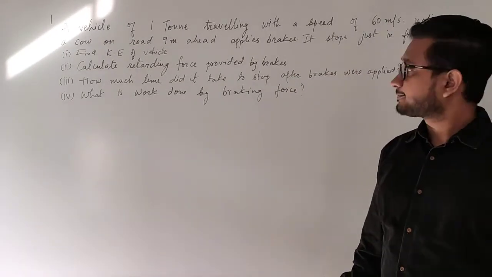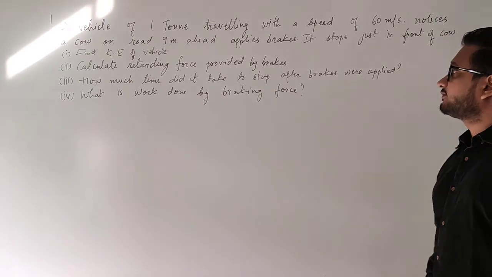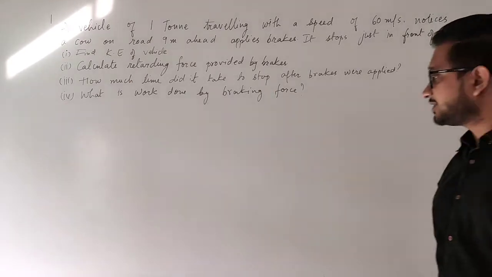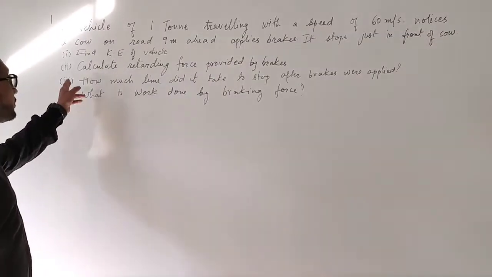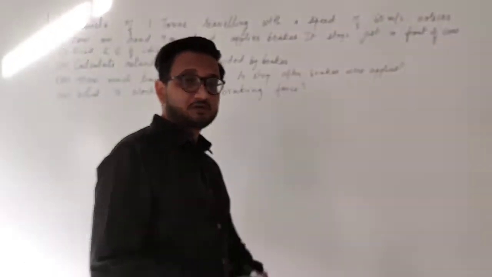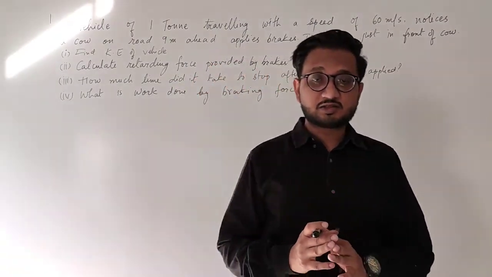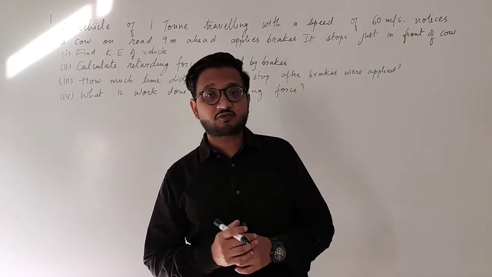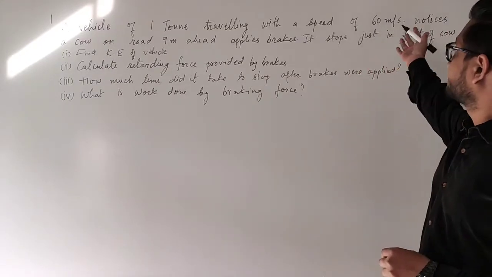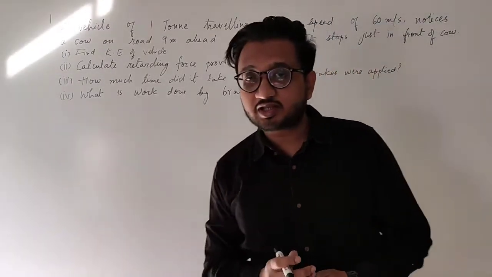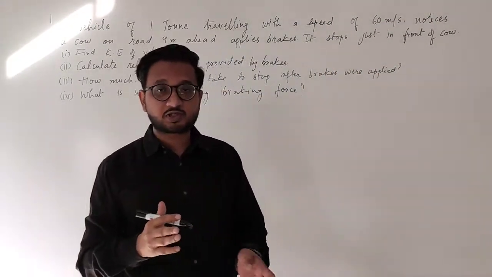So let's begin. A vehicle of 1 ton traveling with a speed of 60 meters per second notices a cow on a road. So a vehicle of 1 ton is traveling with a velocity of 60 meters per second. Now you can see that the velocity is already in meters per second, so no need to convert it.